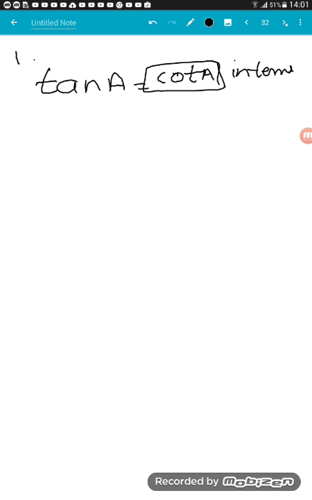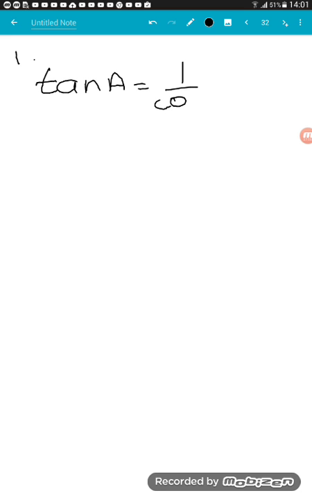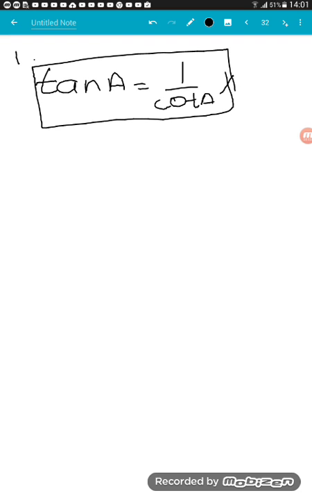Tan A in terms of cot A will become 1 by cot A. This we already learned, it is just the reciprocal.